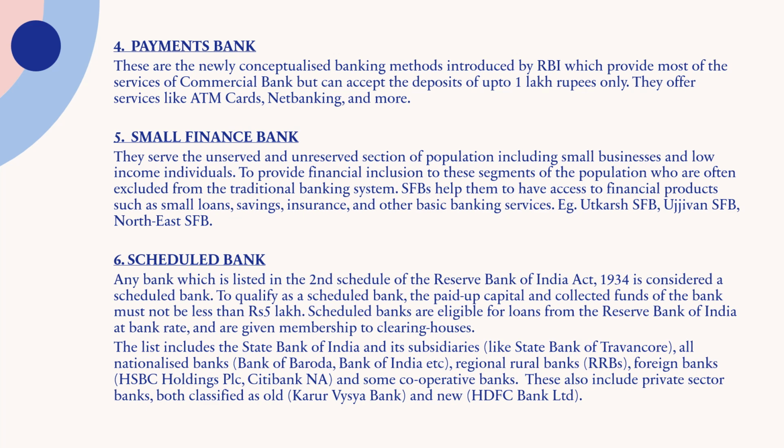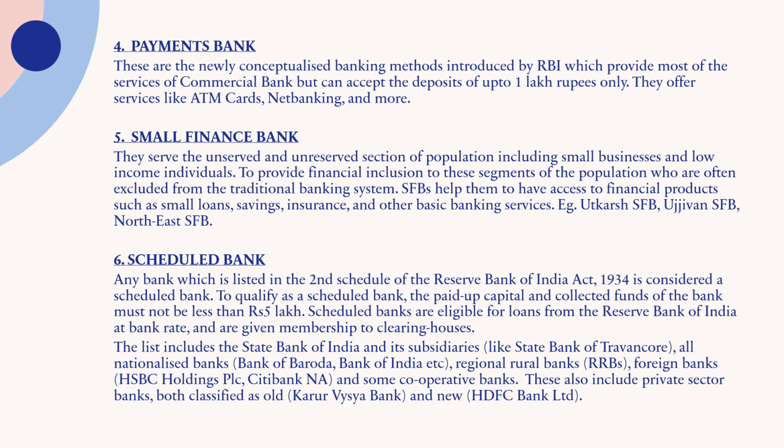Any bank that is listed in the second schedule of the RBI Act 1934 is considered a scheduled bank. To qualify as a scheduled bank, the paid up capital and the collected funds of the bank must not be less than 5 lakh rupees. Scheduled banks are eligible for loans from RBI at bank rate, and they get membership to clearing houses.